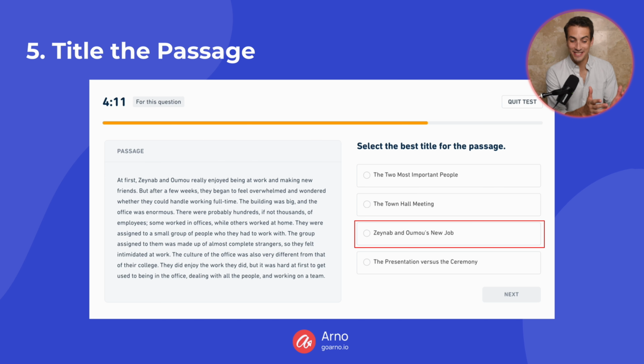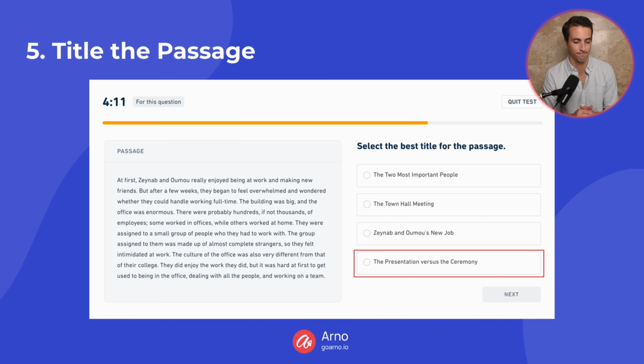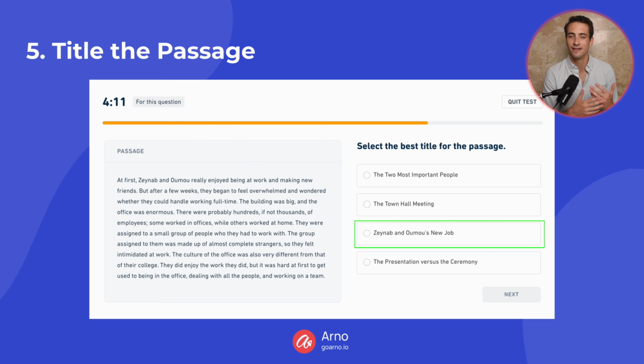So that seems like the correct answer, but let's just make sure by checking the fourth option, the presentation versus the ceremony. So in the passage, is there any mention of a presentation or a ceremony or anything like that? No. So we can eliminate that option as well. And that leaves Zainab and Omu's new job.